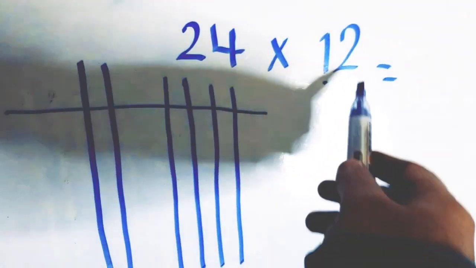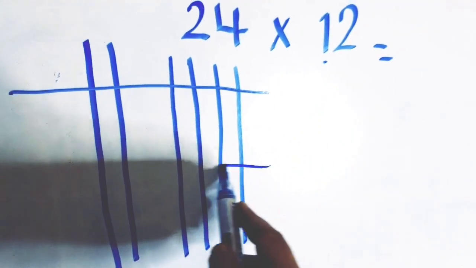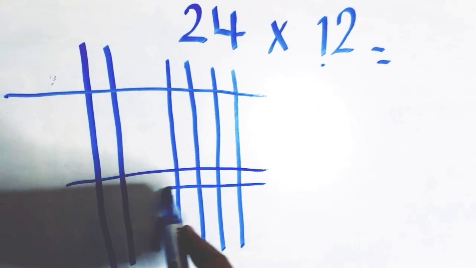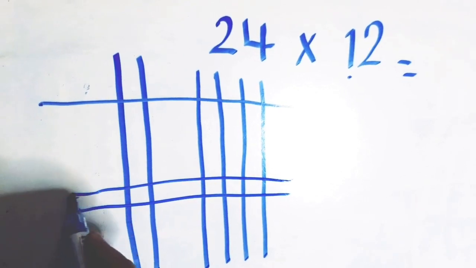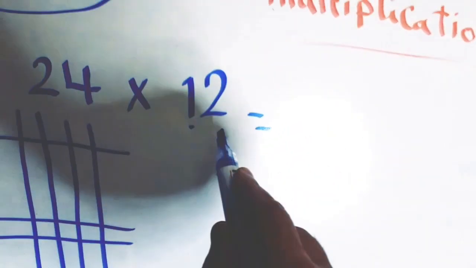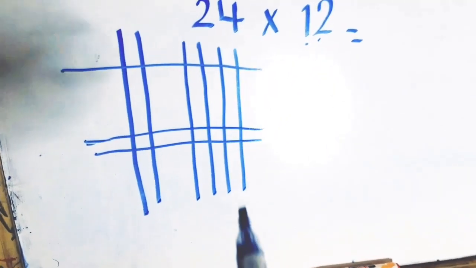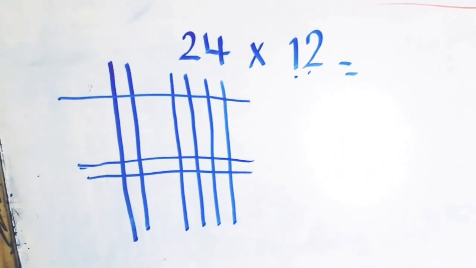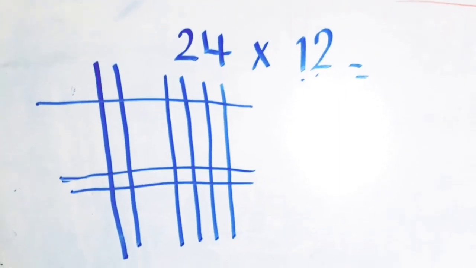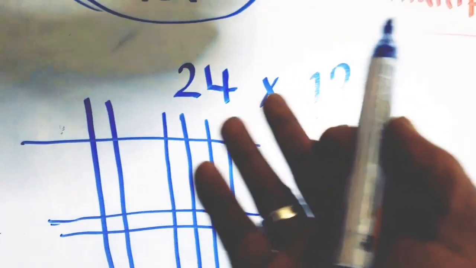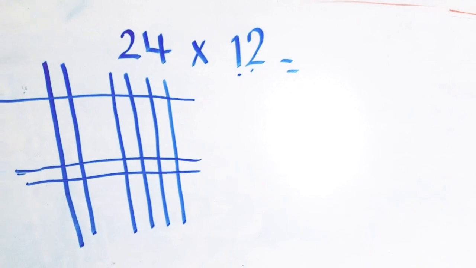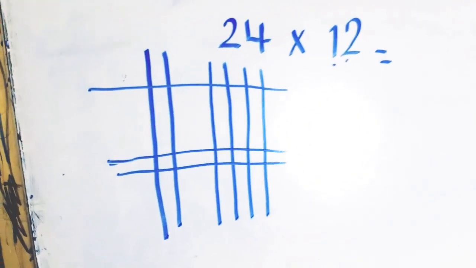Leave space and draw 2 horizontal lines which represent the second digit 2. Now we have finished drawing all the lines representing the 2 numbers.